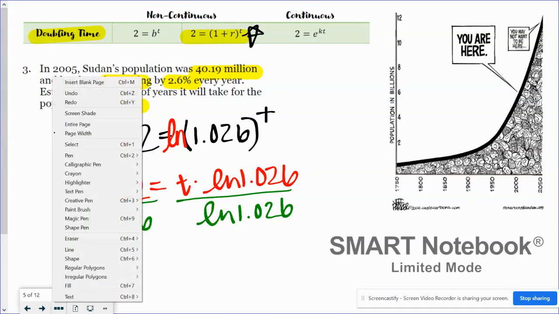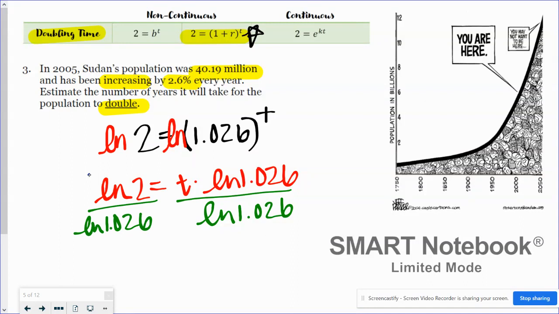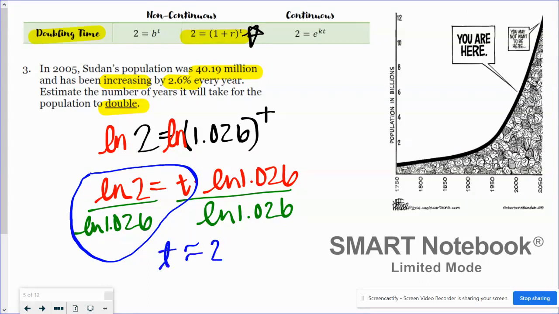And that's what I'm going to then calculate. So in my calculator, I'm typing natural log of 2 divided by natural log of 1.026, and I'm getting that t is approximately 27. So that's 27 years it's going to take.